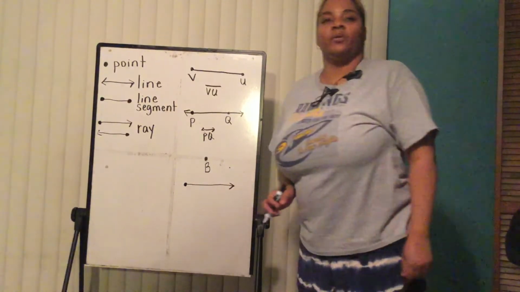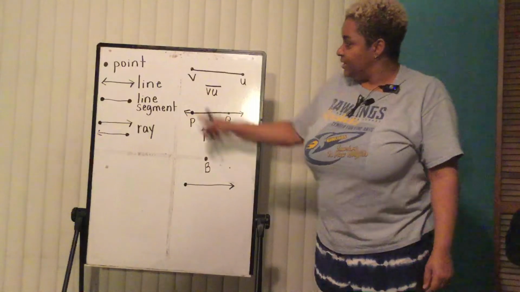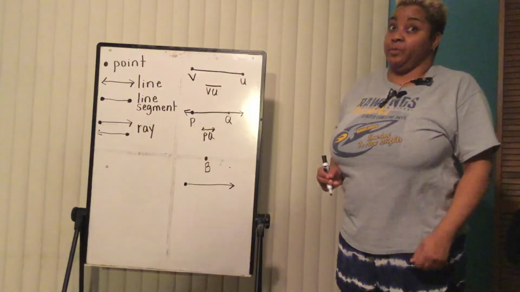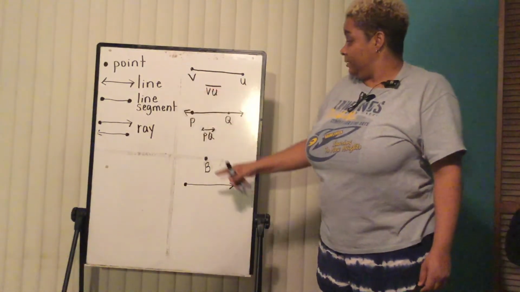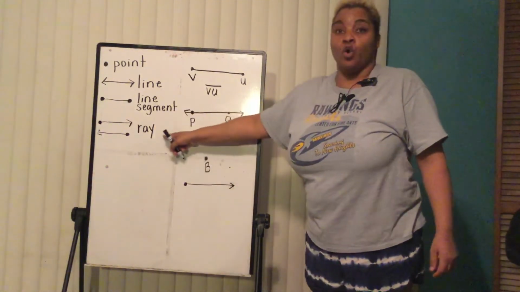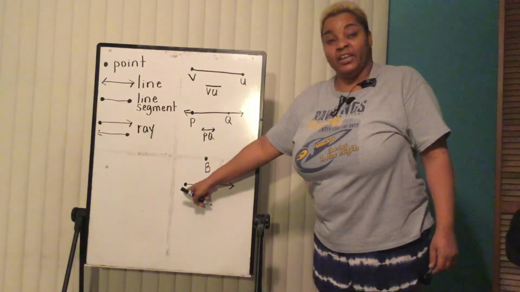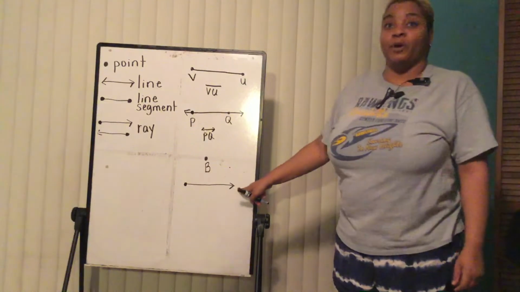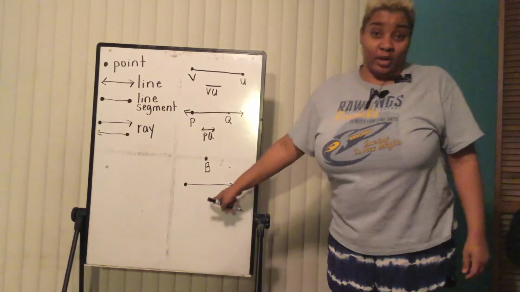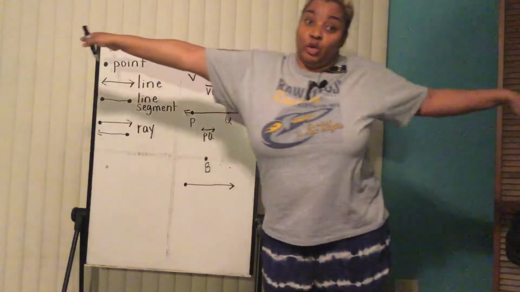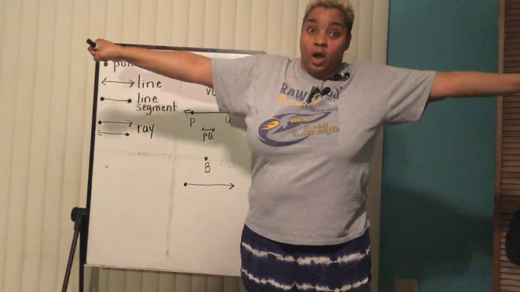Oh, what do I call that? Is it a point, line, line segment, or ray? I see I have an endpoint, a point, and it keeps going in one direction. So I'm going to call this a ray. Show me your hands. I'm going to call this a ray.